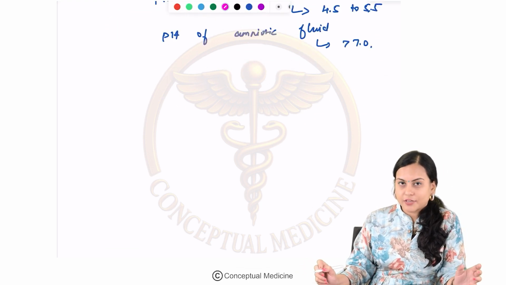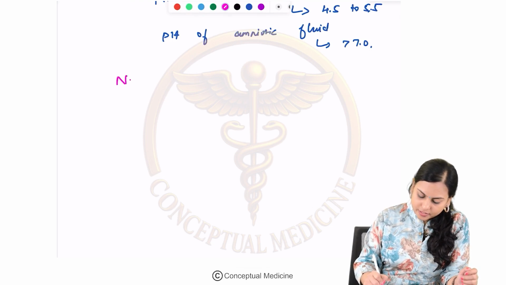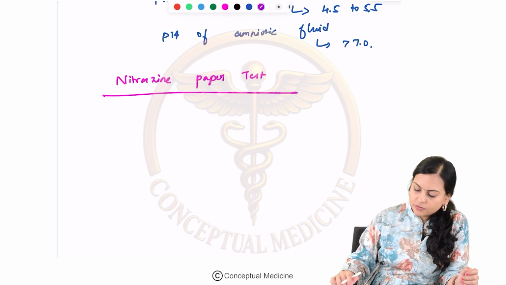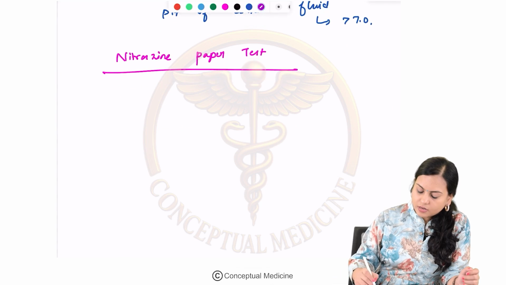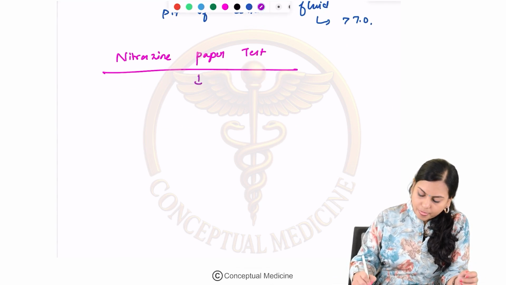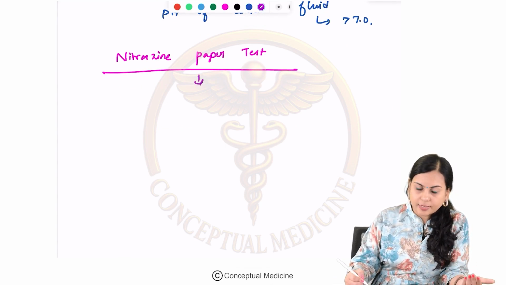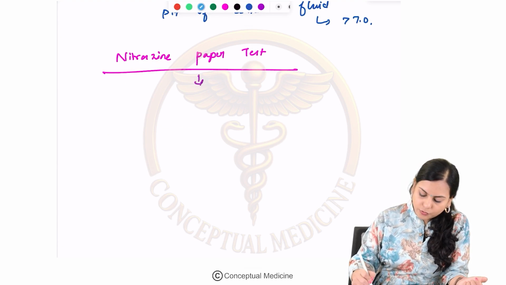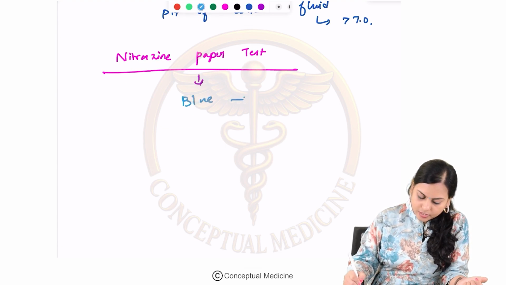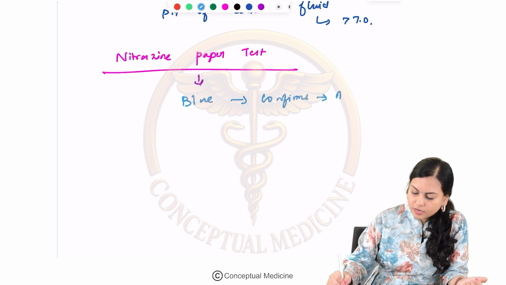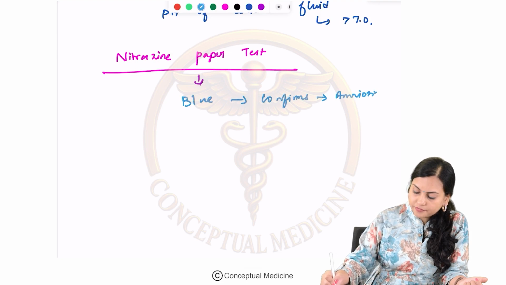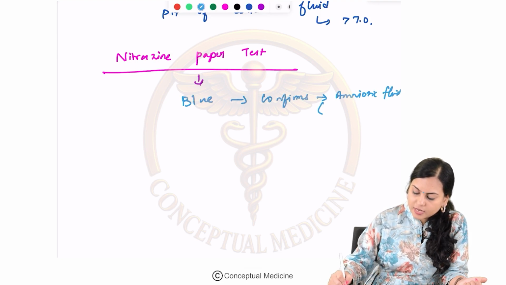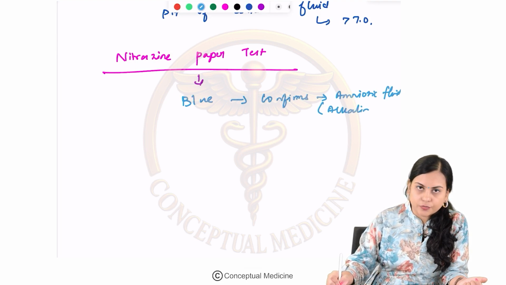The next test we can do is the nitrazine paper test. If the collected fluid is applied to the nitrazine paper and it changes to blue color, then it confirms the presence of amniotic fluid, which is alkaline in nature.